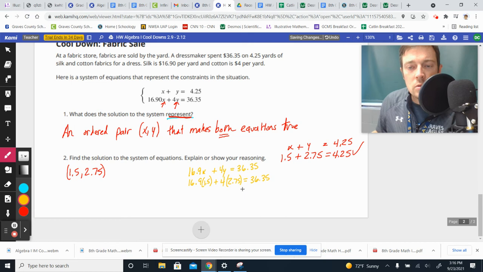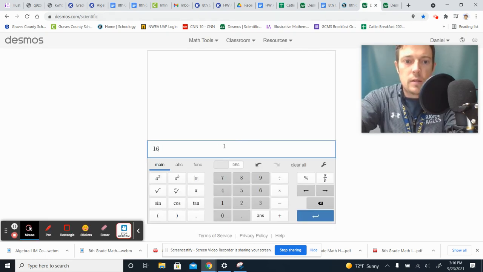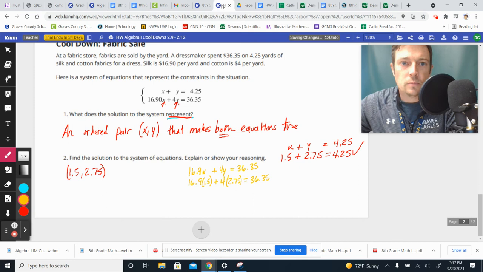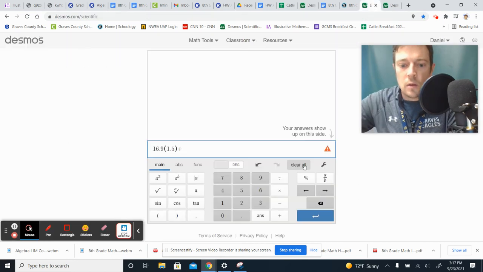And I'm going to use my regular scientific calculator for this one. Okay, so 16.9 multiplied by 1.5 yards of silk, plus the other one was 4 times 2 3/4, and it equals 36.35.